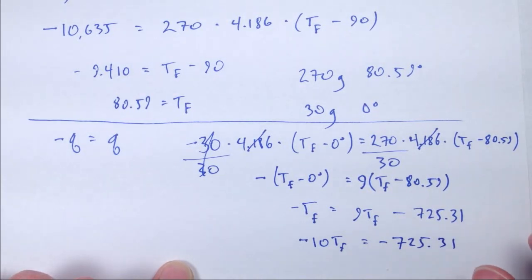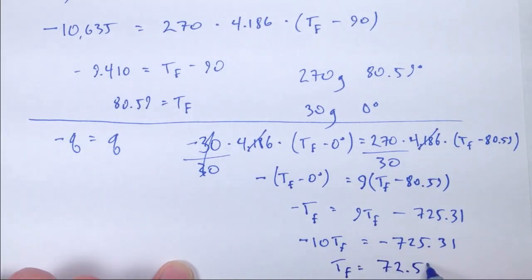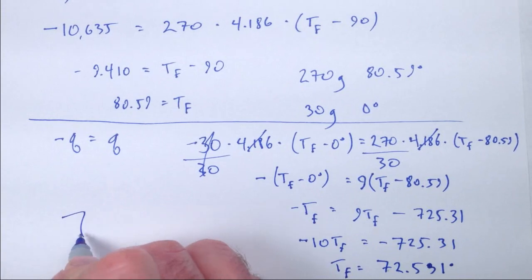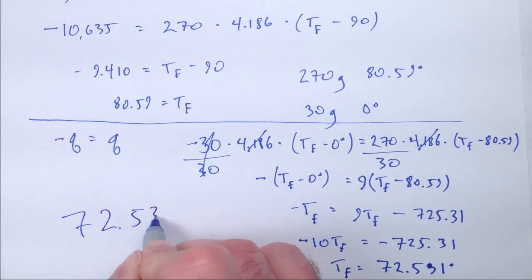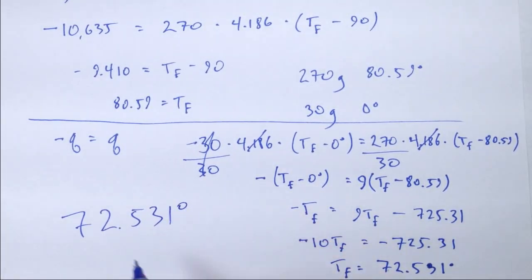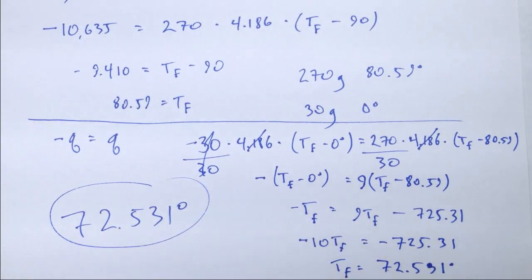So those negative signs cancel out, and I can just divide by 10, which means I have a final temperature of 72.531 degrees. There you go.